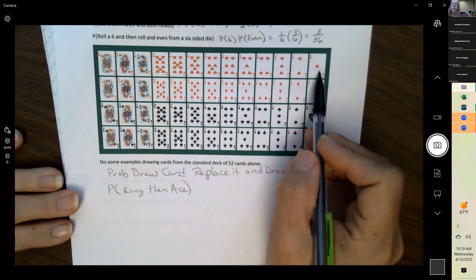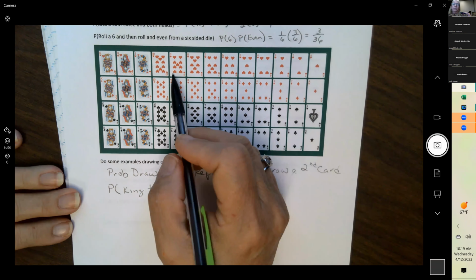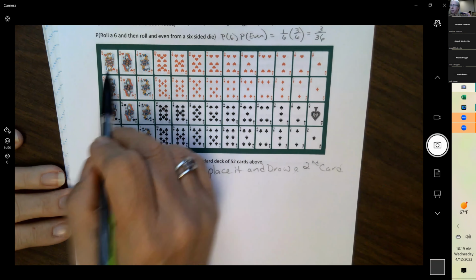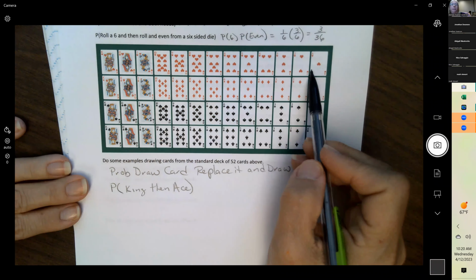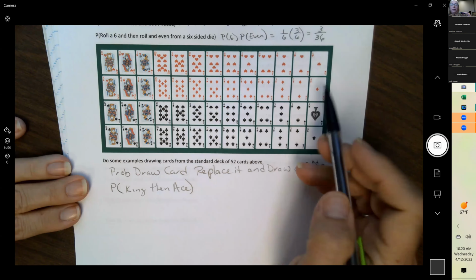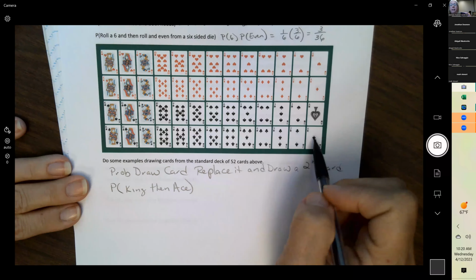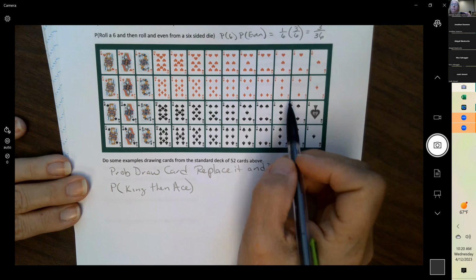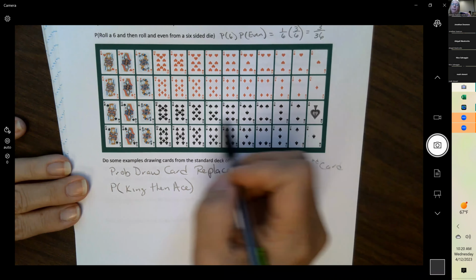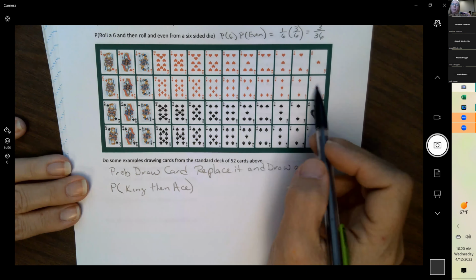So you have the numbers from 1 to 10, and then jack, queen, king. The ones that look like hearts are hearts. The ones that look like diamonds are diamonds. And then this is a spade and a club. There's 13 of each. Spades and clubs are black cards. Hearts and diamonds are red.